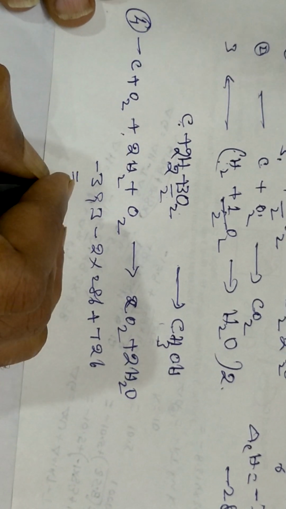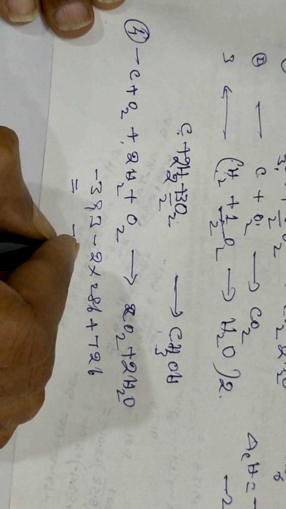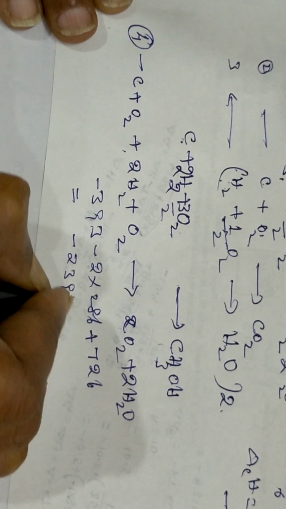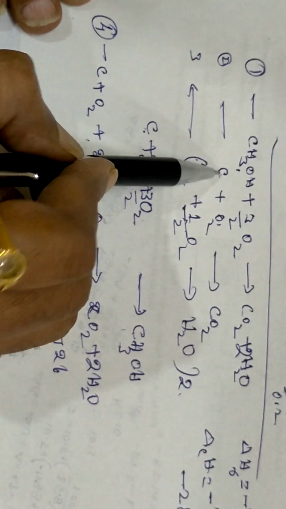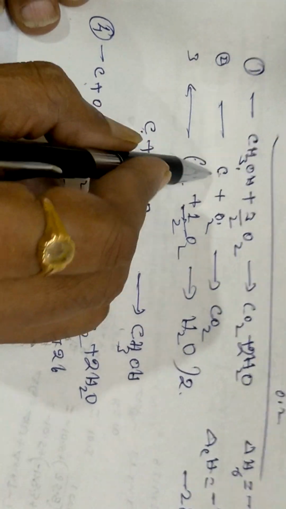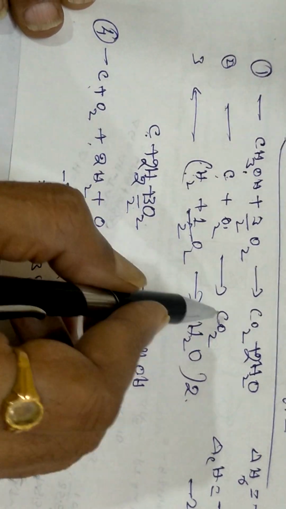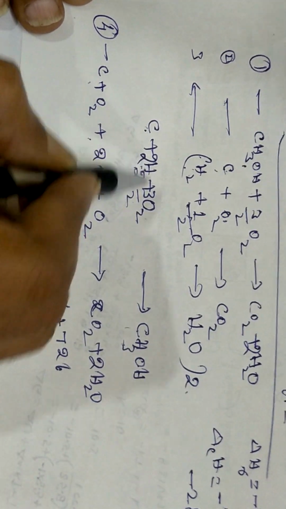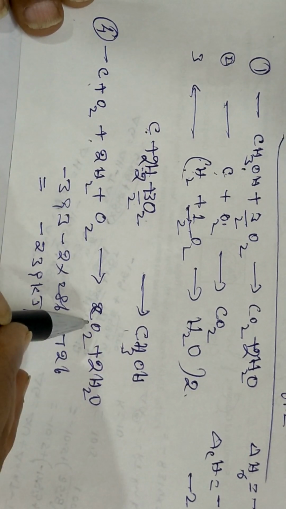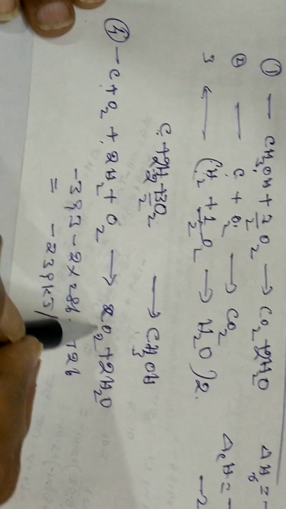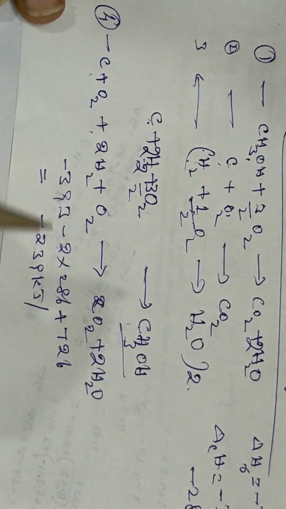That will be something like minus 239 kilojoules. So I understood. Finally, C plus 3 by 2 O2 and hydrogen: CO2 will be cancelled, water will be cancelled, only the methyl alcohol formation remains.